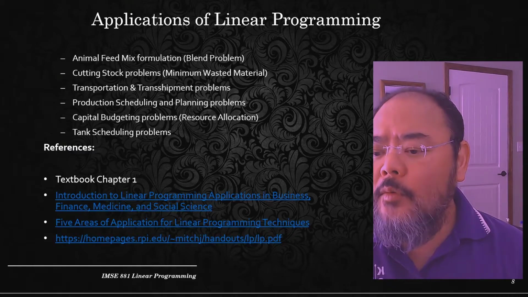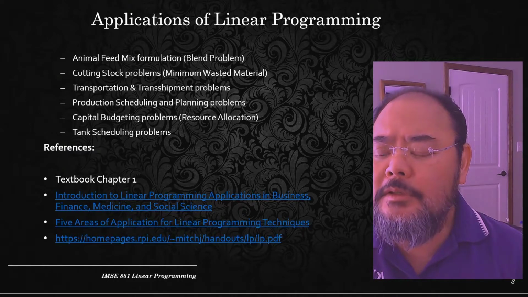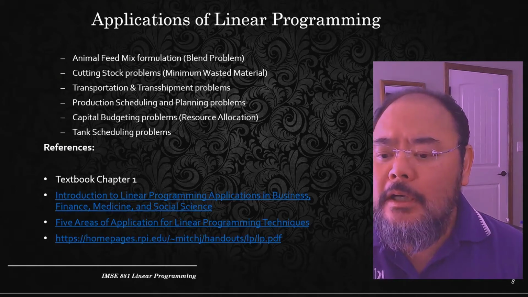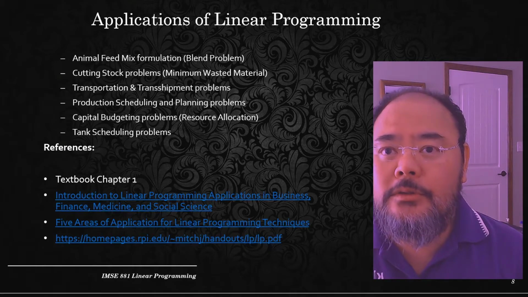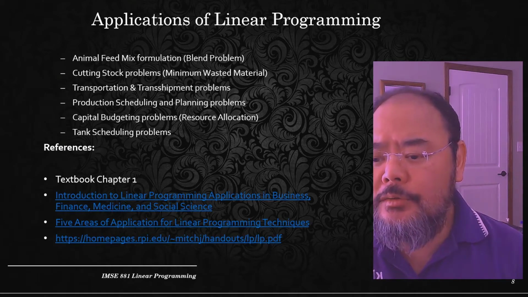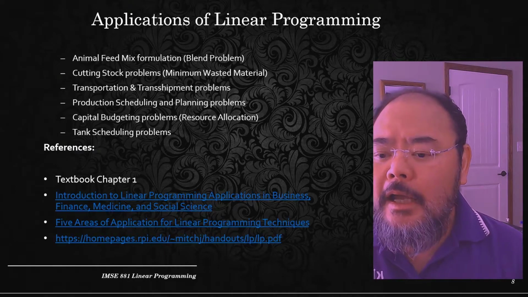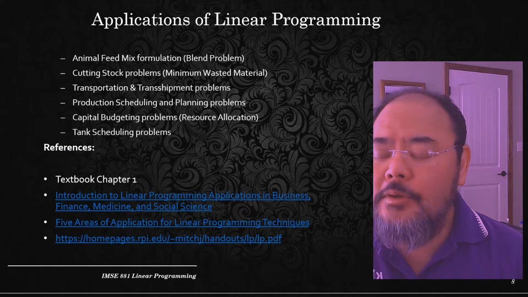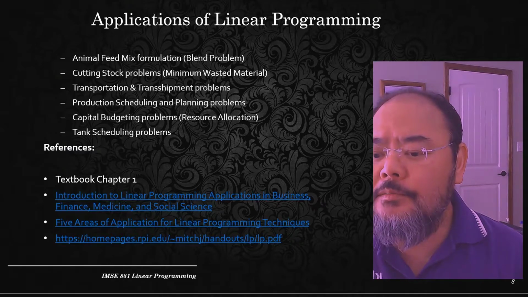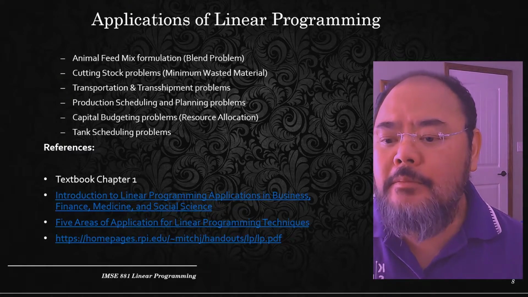And number 4 is the very classic production scheduling and planning problem. Periodically, a company tries to create a production schedule or plan for the next quarter or next month based on the resources they have, either material, human resources, or capital budget, but they are trying to create a so-called production schedule so they can maximize their profit or minimize certain types of costs.